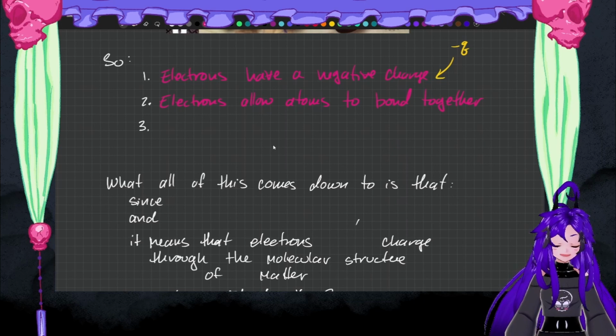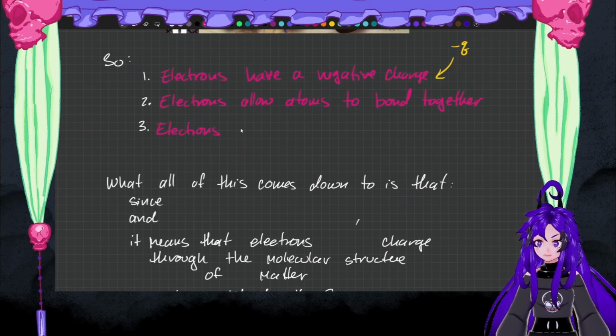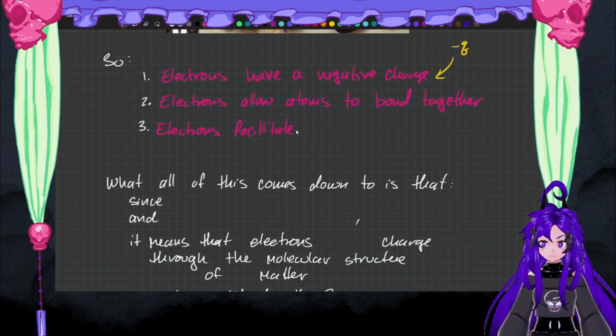And the last thing we said is that electrons do this bonding. So electrons facilitate bonding.